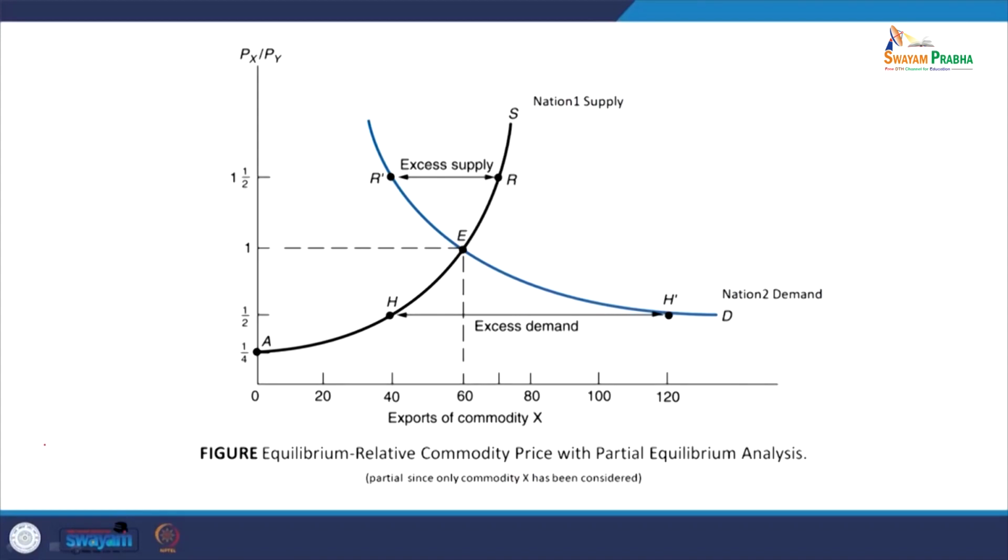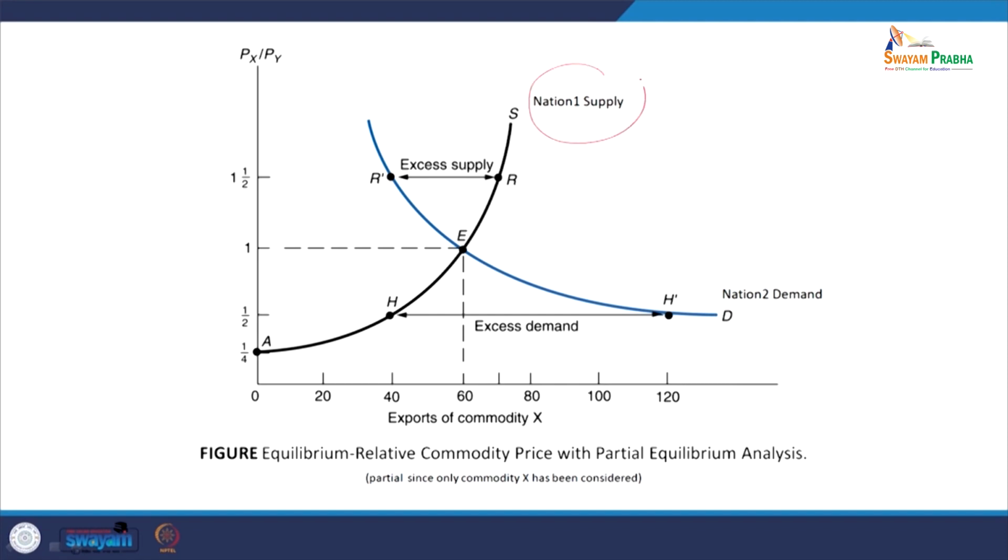From the earlier argument, if you remember carefully, we discussed the relative prices of the commodities and the commodity X that is being demanded or supplied.